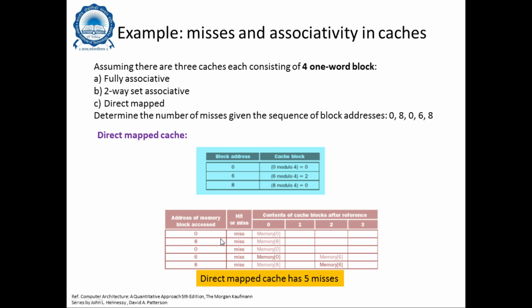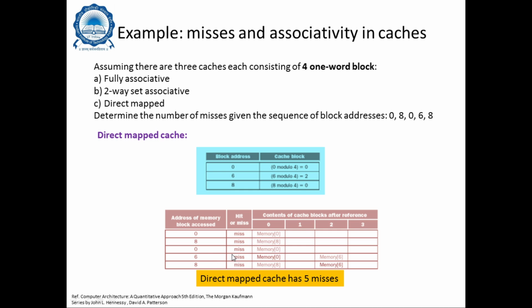In case of 0, it will be placed in the cache block with index 0, which is memory 0, so it's a miss. In case of 8, it's again a miss, and again the assigned cache block is 0, because 8 is also assigned to 0, so memory 0 content will be replaced with memory 8 content. In case of 0, the next reference is again a miss, so memory 8 content will be replaced by memory 0.